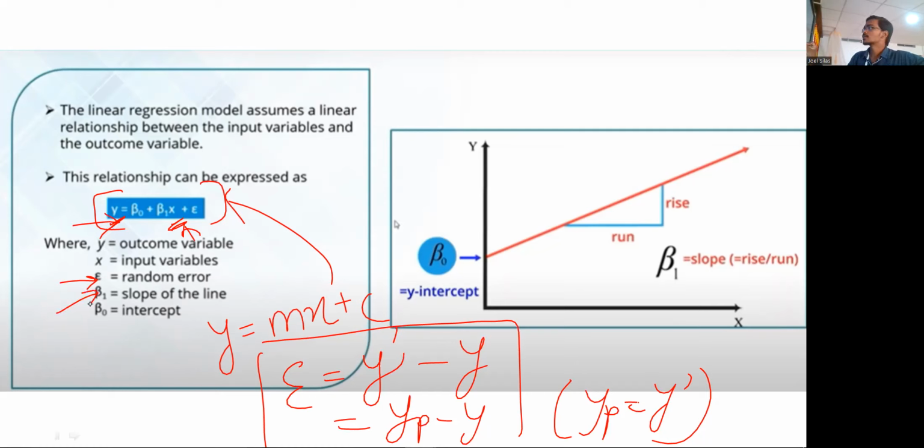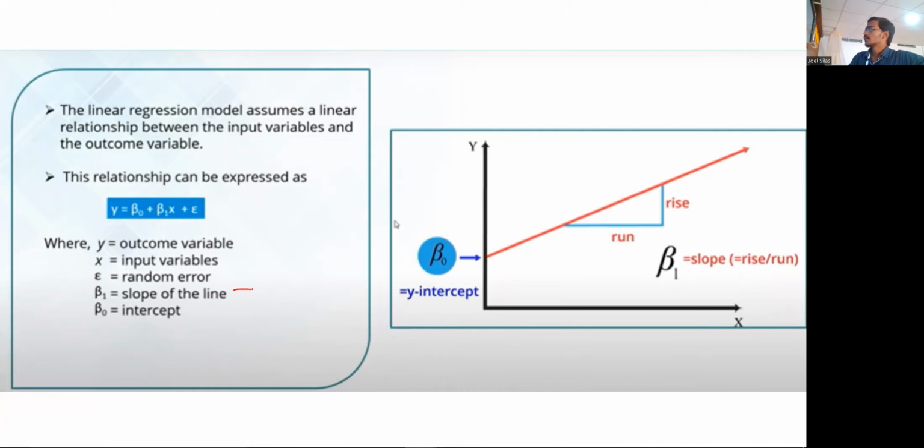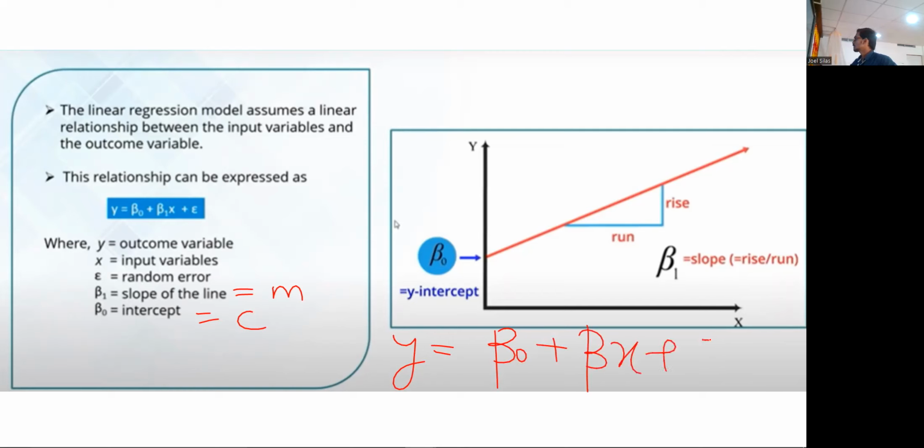Beta 1, that is slope of the line, is nothing but m and intercept c. So if I write y is equal to beta 0 plus beta 1 x plus epsilon, it is nothing but y is equal to, this is your c intercept, m x.